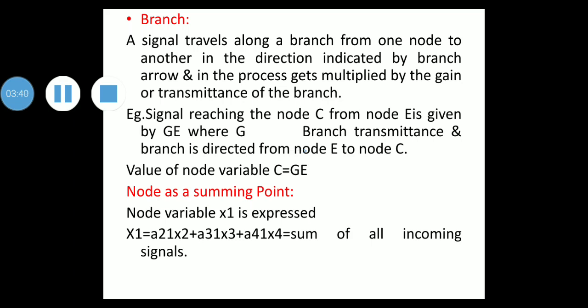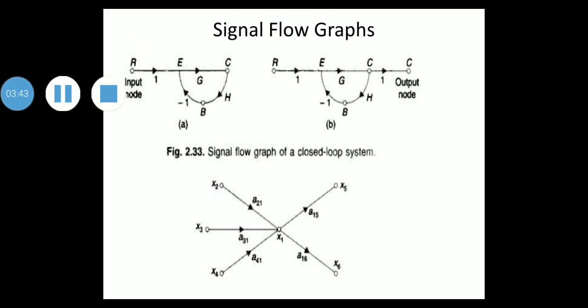The signal reaching node C from node E is given by GE, where G is the branch transmittance and the branch is directed from node E to node C, shown by the arrow.